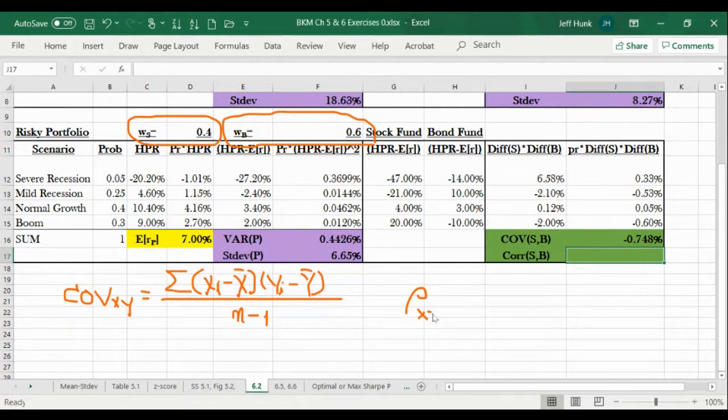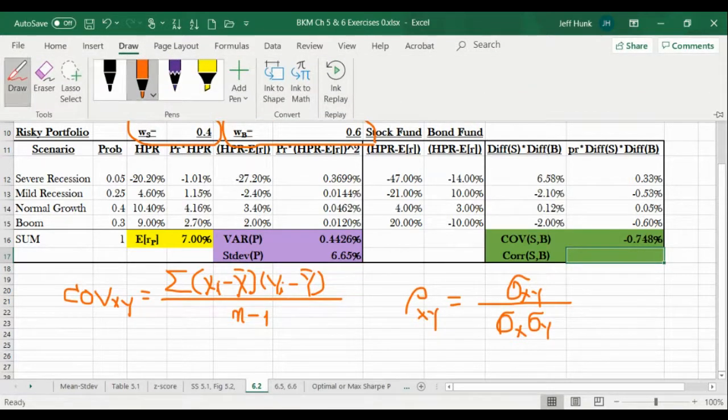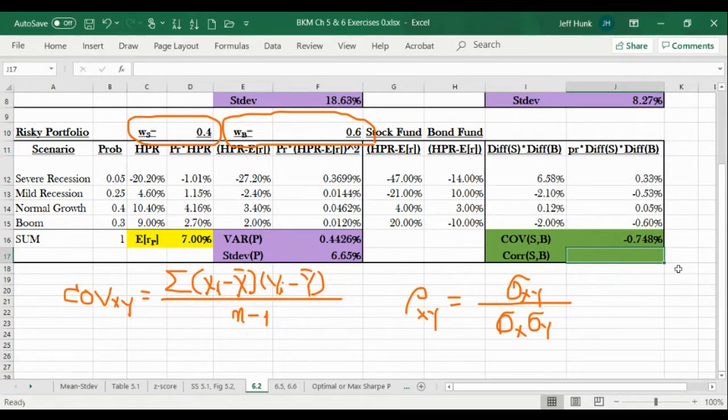Correlation between X and Y equals covariance of x and y over standard deviation of x times standard deviation of y. Okay, so we're going to do exactly that to find the correlation.